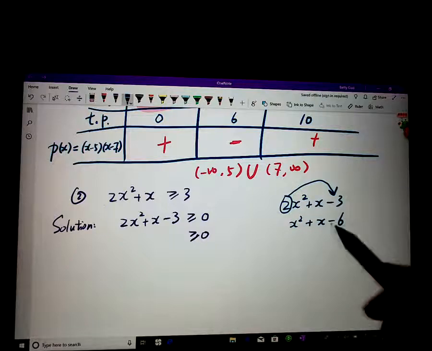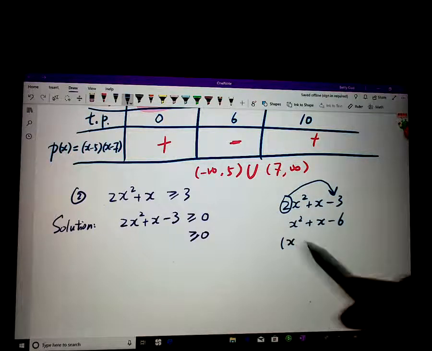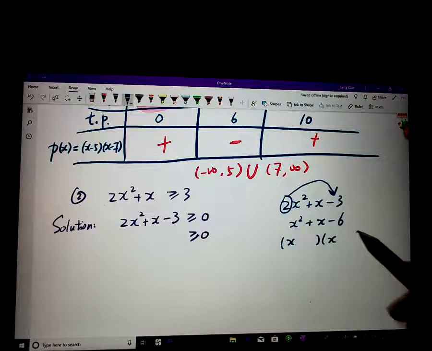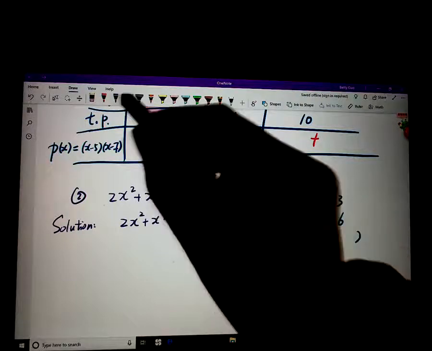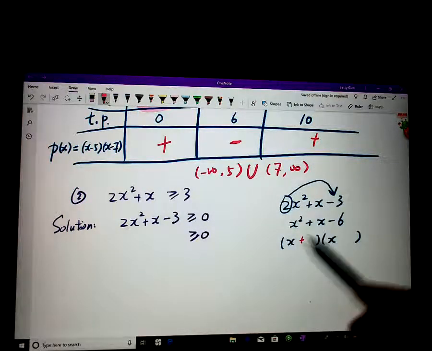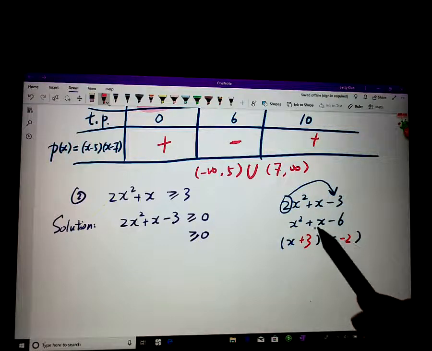And then factor this quadratic trinomial with leading coefficient 1. Which two numbers multiply to negative 6 and add up to 1? You know that, right? 3 and negative 2. 3 times negative 2 is negative 6. 3 plus negative 2 is positive 1.